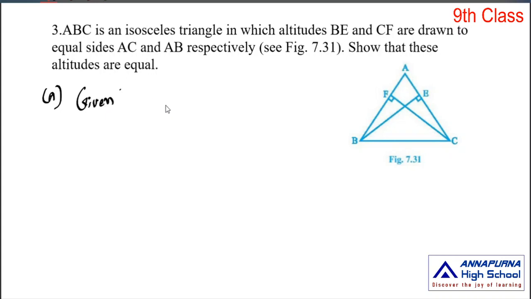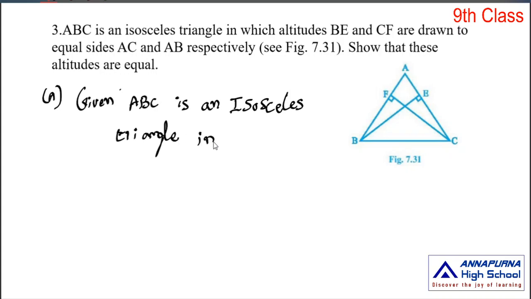Given, ABC is an isosceles triangle in which AB is equal to AC.